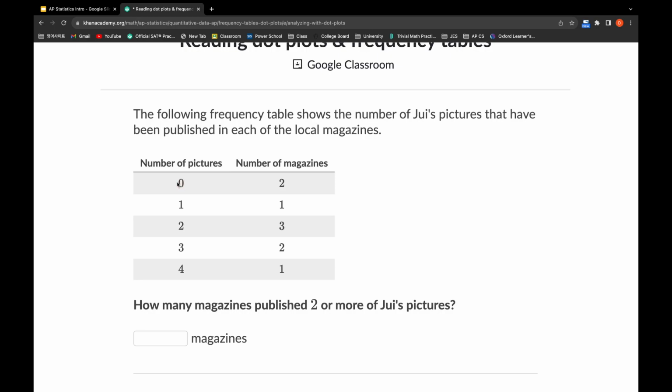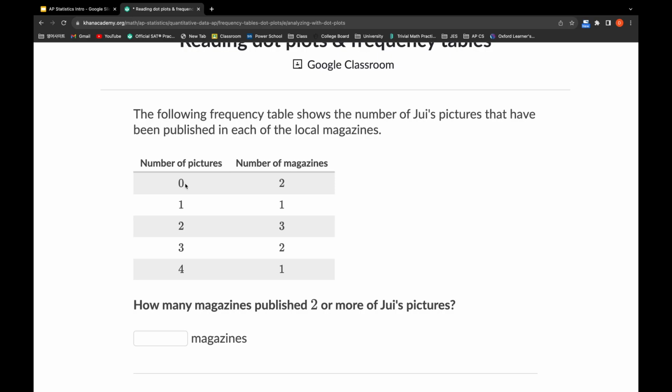We have two magazines that have no pictures, one magazine that has one picture, three magazines that have two pictures, two magazines that have three pictures, and finally one magazine that has four pictures.